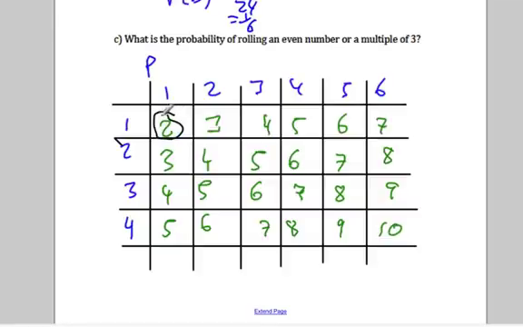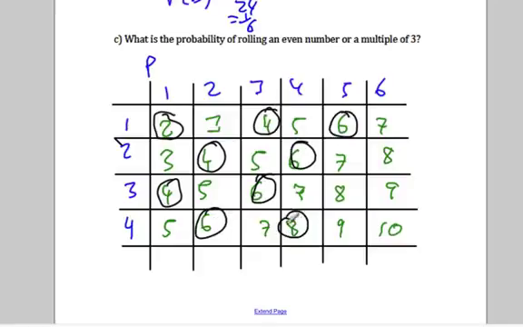Well, if I circle all the even numbers of our 24 outcomes, you can see that there is a total of 12.